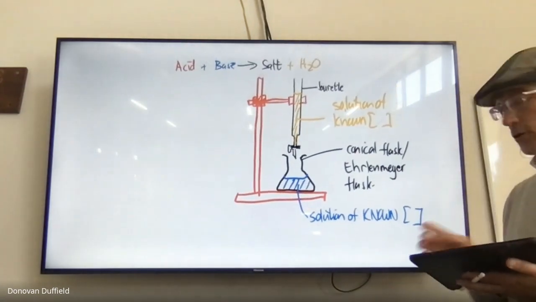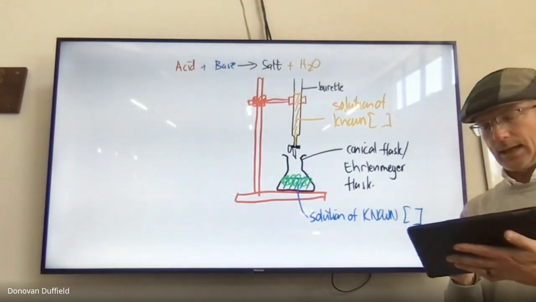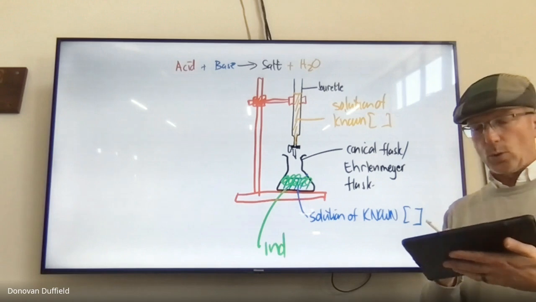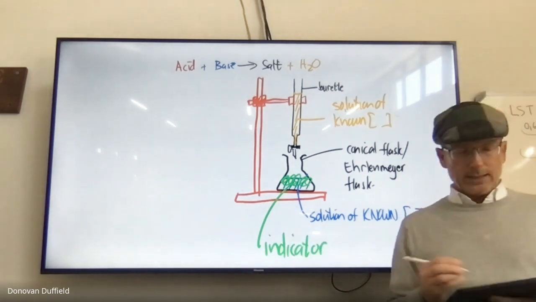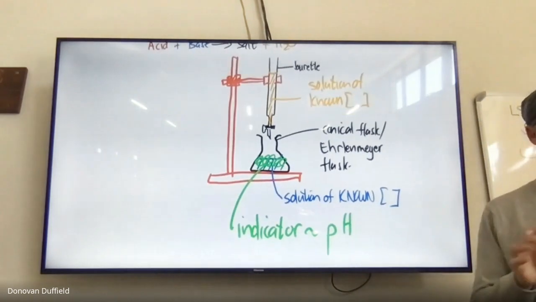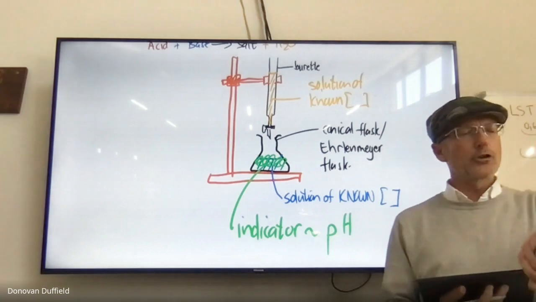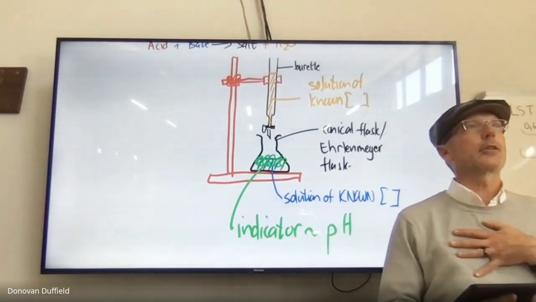So what we do, and we'll still talk about this, you also put inside here a substance called an indicator, which helps us. The color is dependent on pH. Now today, my goal is to do a few titration calculations.